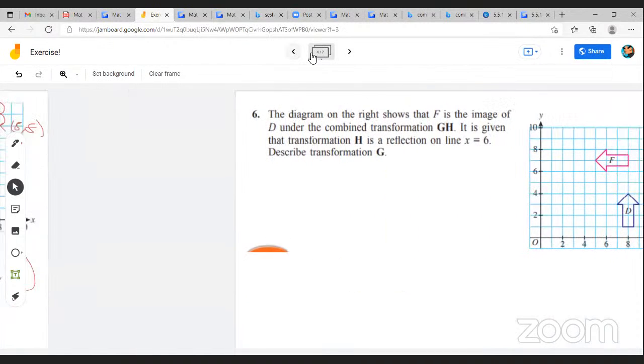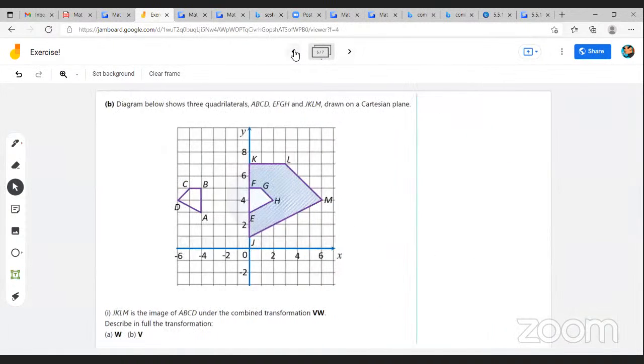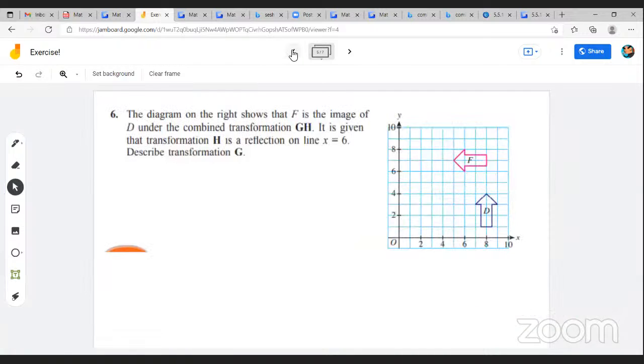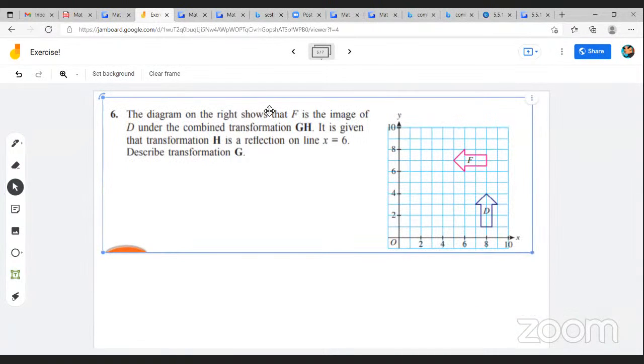But sometimes they ask harder questions, which I'll describe later on. So the diagram on the right shows that F is the image of D under a combined transformation GH. It is given that transformation H is a reflection on line x equals 6. Describe transformation G. So we first start, okay, so which one goes first, G or H?